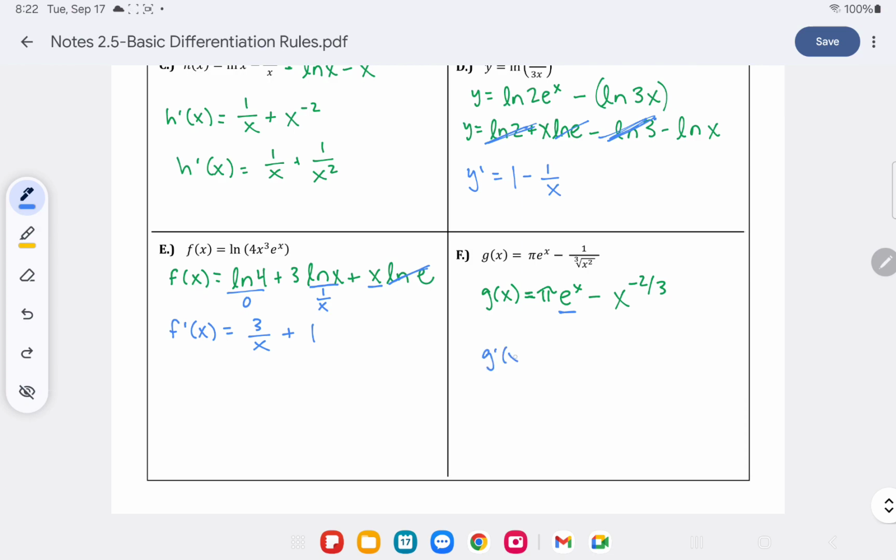So the derivative of pi e to the x is just pi e to the x. When I take the derivative of the second term, I get positive 2/3 x, and then I need to take negative 2/3 minus 1. We're using the power rule here, which is negative 5/3. So our final answer would be pi e to the x plus 2 over 3x to the 5/3. Woo!